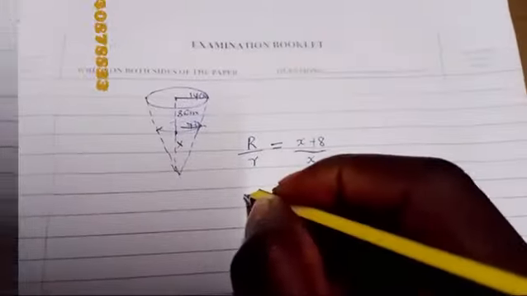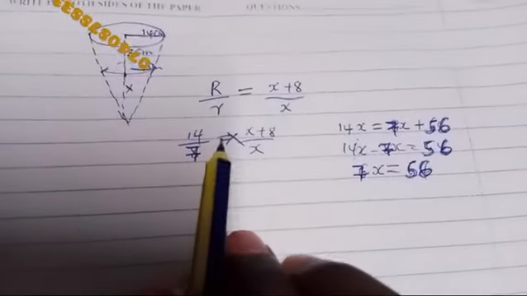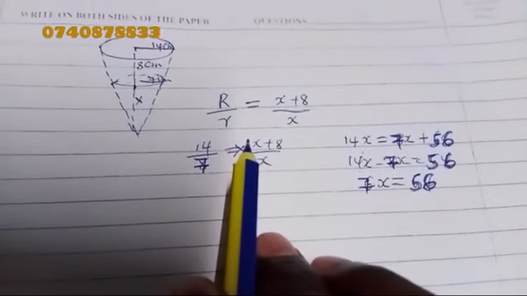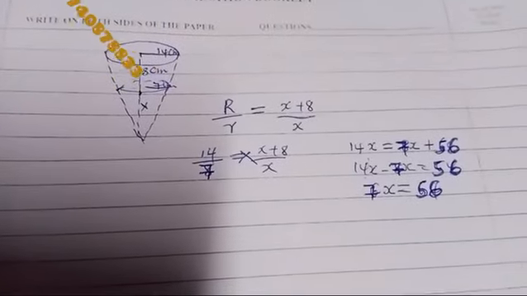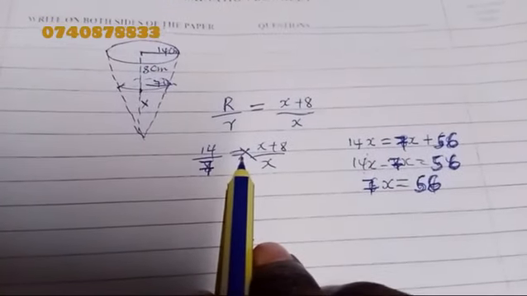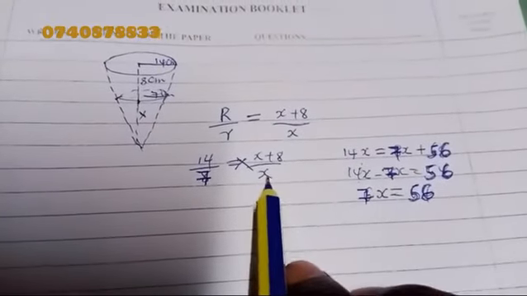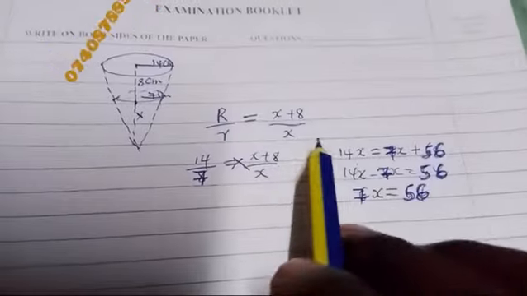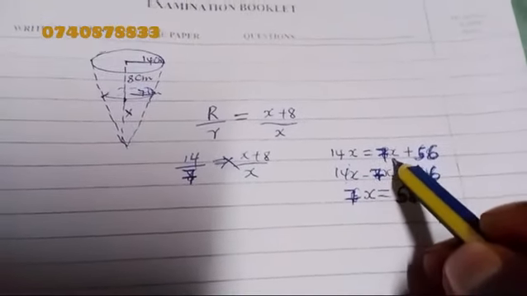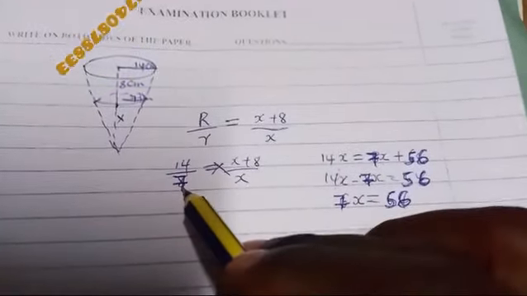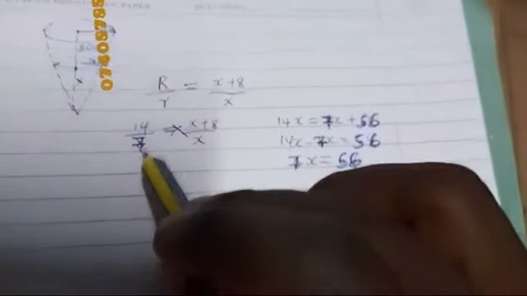So once again you say, 14 over 7 is equivalent to 8 plus x over x. And once you cross multiply, you are getting 14x, which is equivalent to 7x plus 56, 7 times 8.